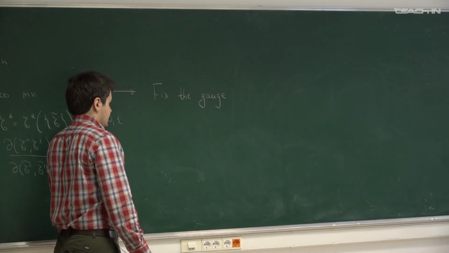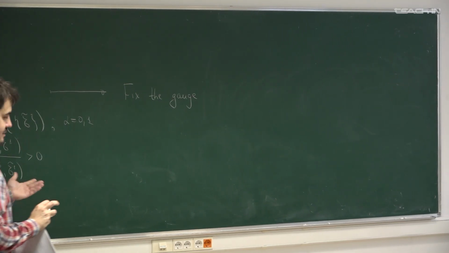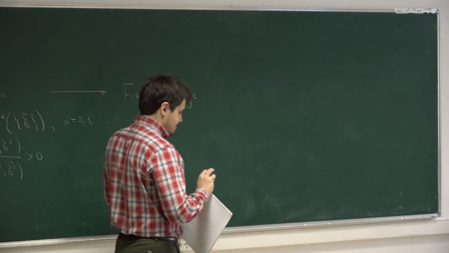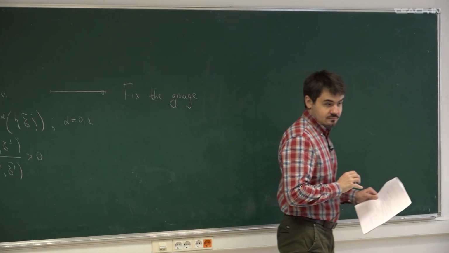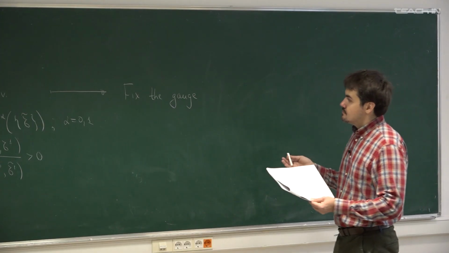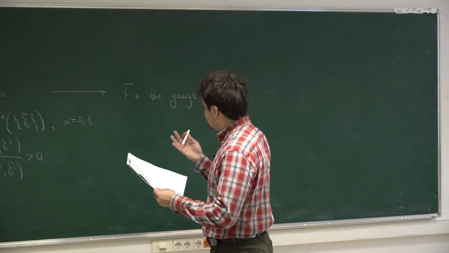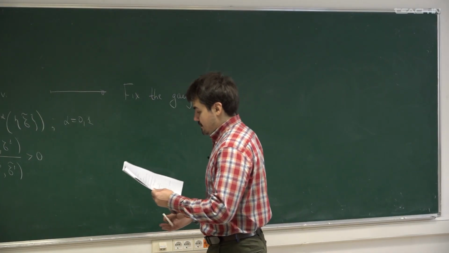Fix the gauge, and this can be done, of course, in an infinite number of ways, but some ways are better than others, and in practice only certain gauge choices are used. So the gauge choices that we will study and that are usually studied are the following. The two main gauge choices.